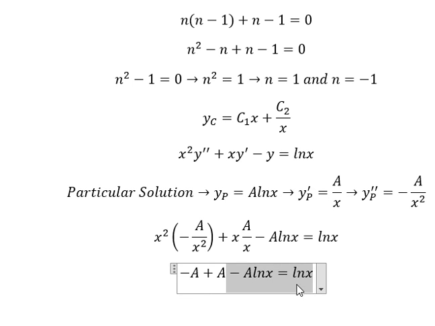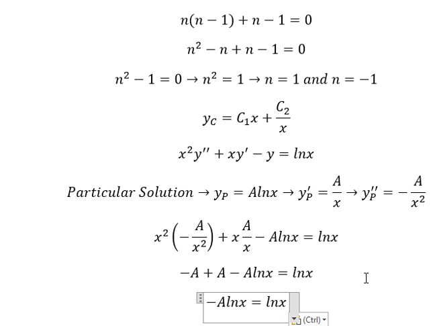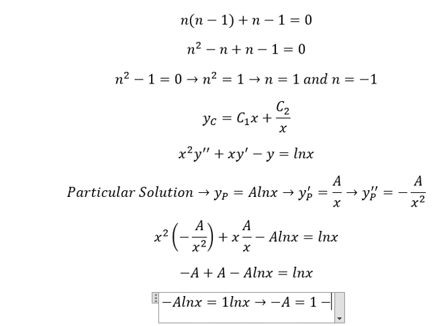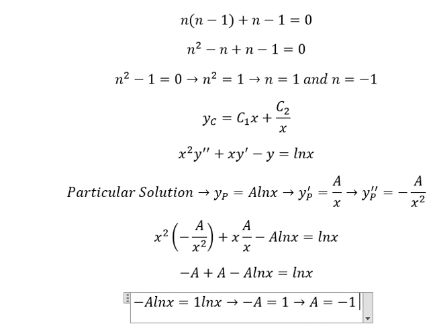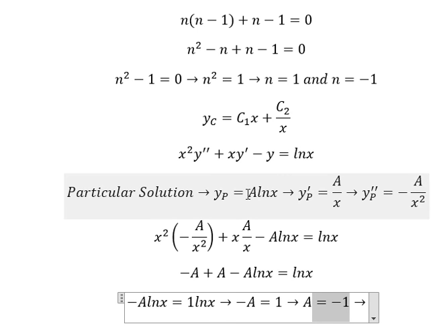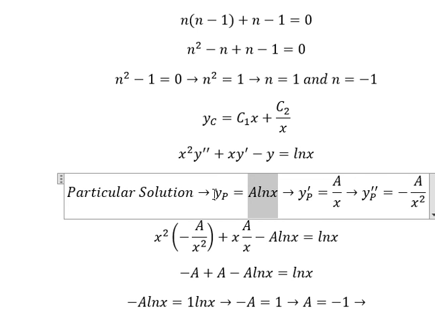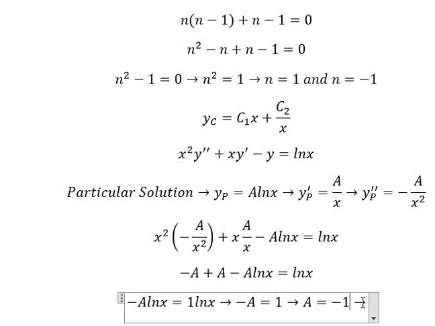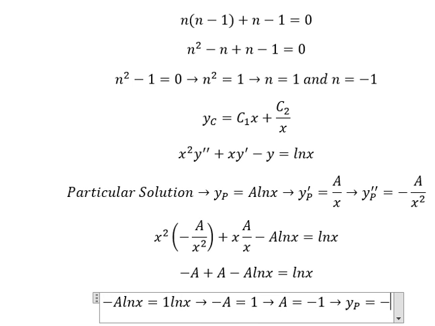So we just have this one left. So the coefficient of this one is 1. So negative A equals 1. So A equals negative 1. And now we put negative 1 back in here, and we have y_p equals negative ln s.